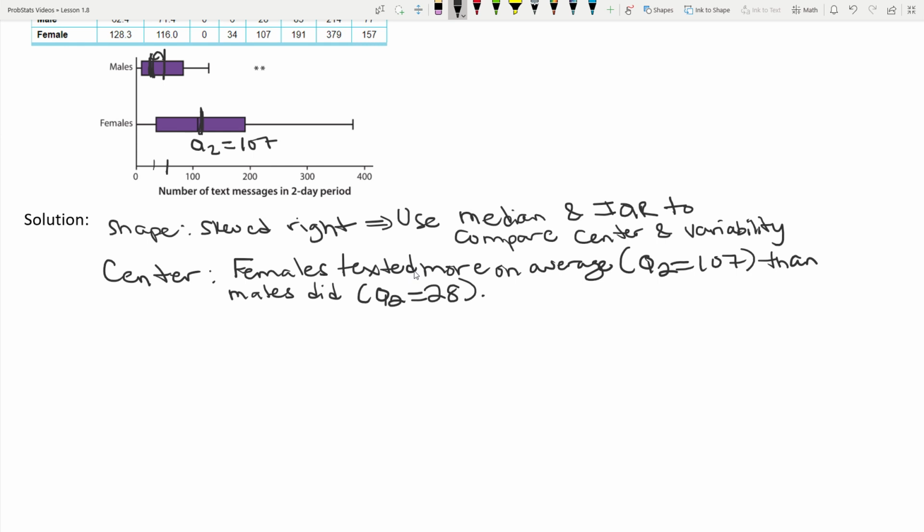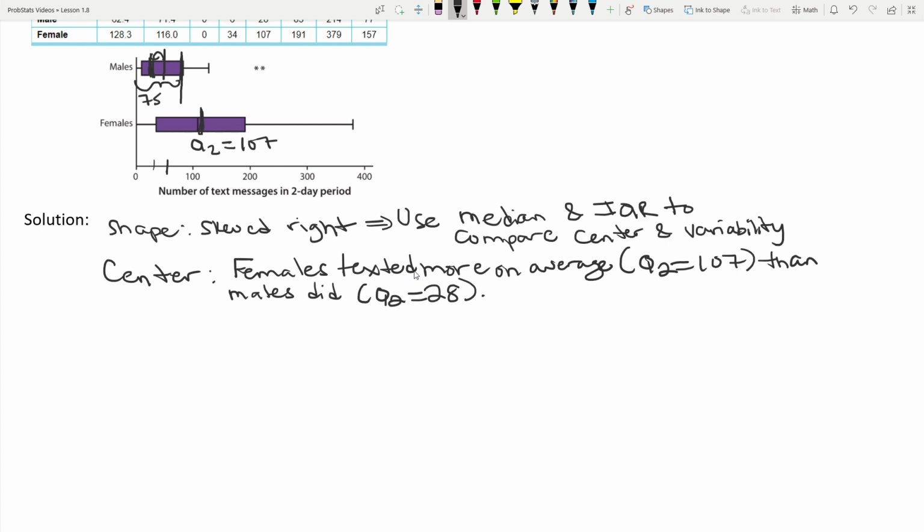Now also keep in mind that the median of the females is above the third quartile for the males. So if you look at this median here, it's actually above this third quartile for the males. So this means that the females texted more than 75% of the males, because this right here represents 75%.